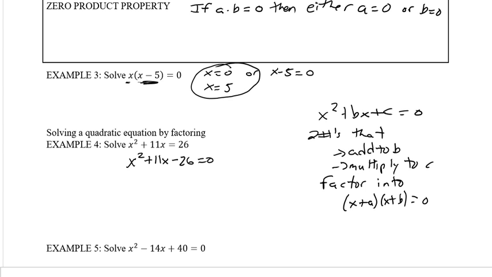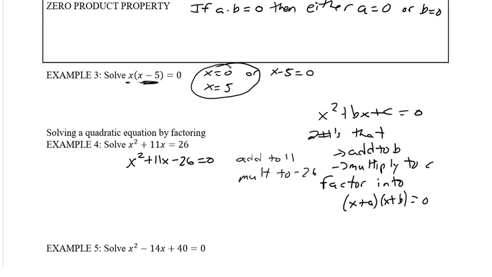I need two numbers where they add to 11 and they multiply to negative 26. So we look at things that multiply to negative 26, like 1 and negative 26, negative 1 and positive 26, but none of those add up to 11.